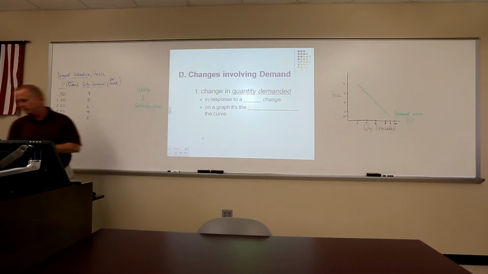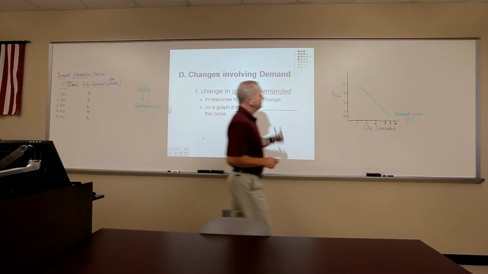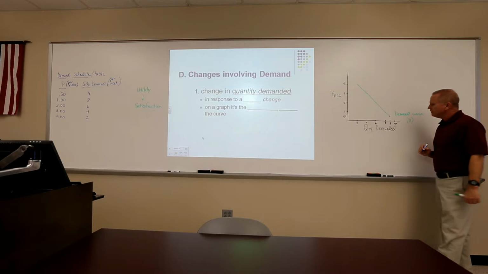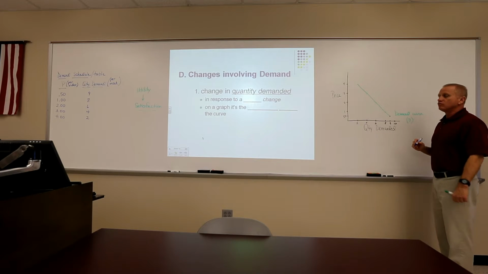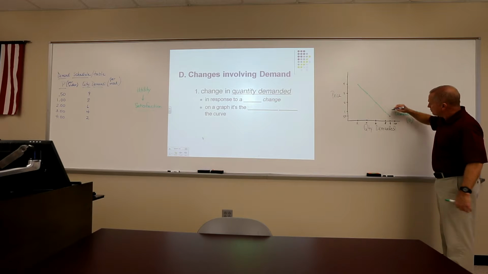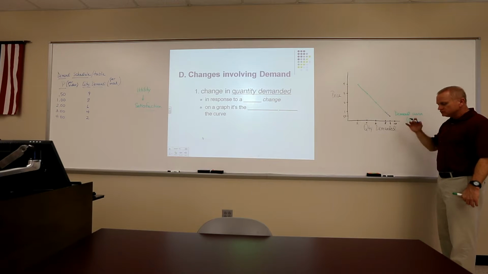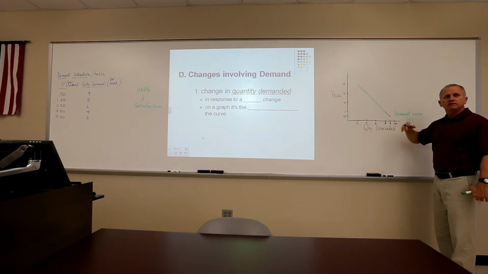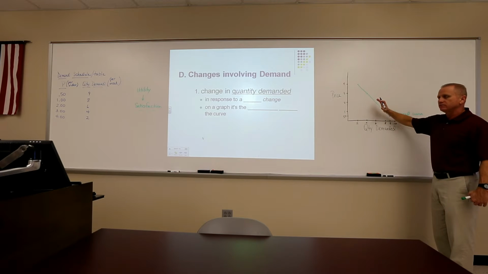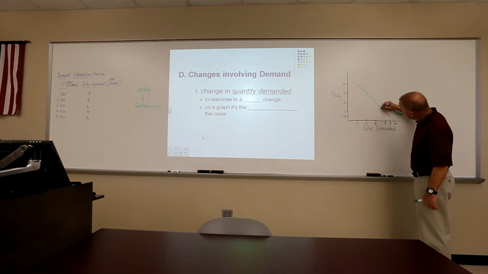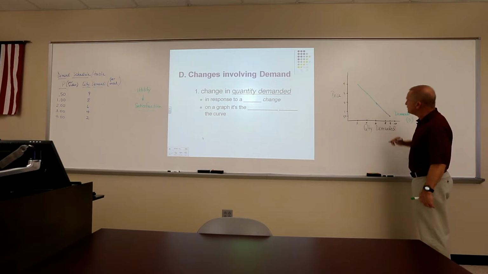So if we go back over to the graph, where we had the video example, at 50 cents we were at this point. If the price rose to $1, the quantity demanded fell, so we would have a movement along the curve to the new point. I'm just showing an arrow moving, but it's all it is along the curve. If the price goes to $2, the quantity demanded falls further to the next point.